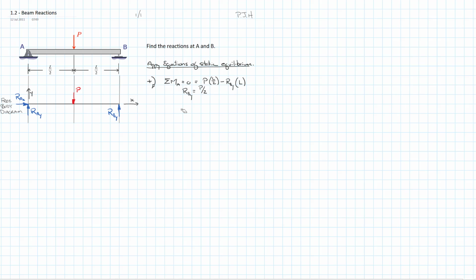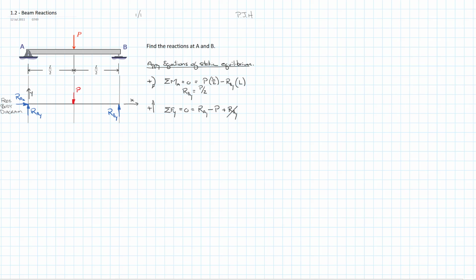So we have two other equations of static equilibrium. So let's do sum of the forces in the y direction. Set that equal to 0. In this case, I'm just going to choose up as positive. And so we have three forces acting in the y direction. We have RAY, we have P, but it's acting down, so I'll put it in as a negative P. And then we have RBY, which is positive.